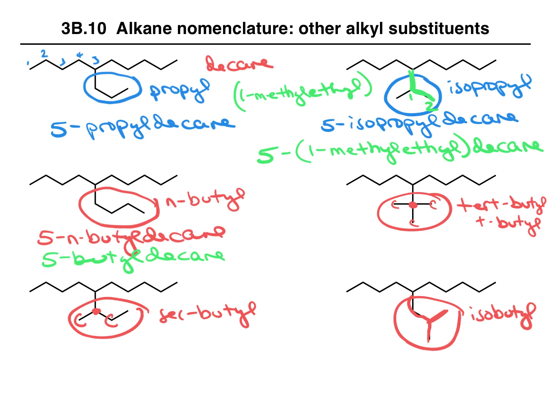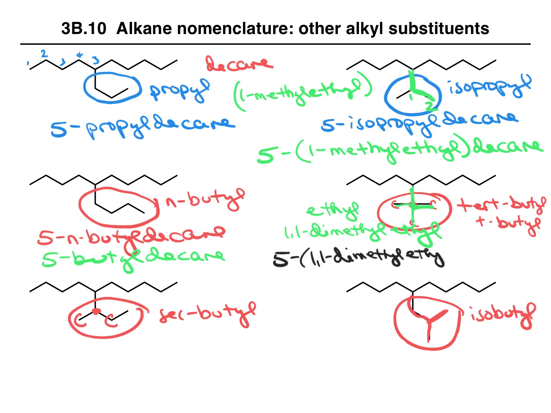Okay, now this one. We would call this our ethyl branch, and then we have 2 methyls. So 1,1-dimethyl ethyl is the name of the branch. So the whole compound would be 5 dash parentheses 1 comma 1 dash dimethyl ethyl close parentheses decane.